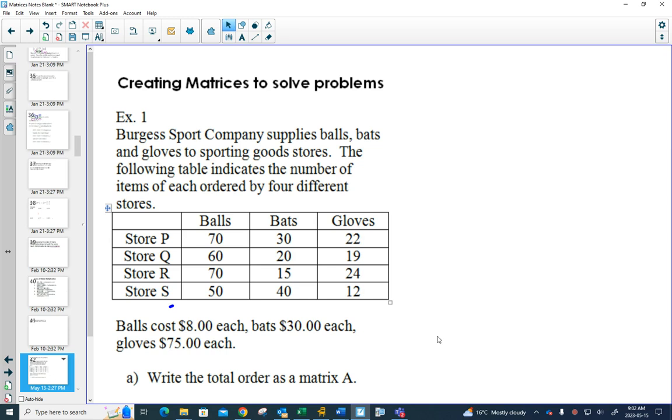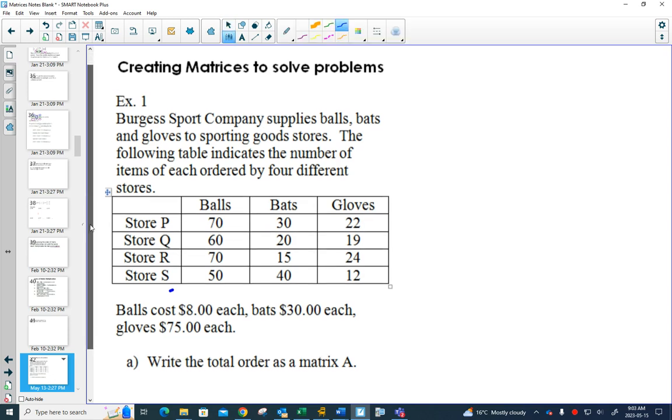Sometimes what I like to do in situations like this is put big square brackets around this to save us some time, and call this matrix A. And we don't have to rewrite. We can go to our calculator and put that in as matrix A. In fact, let's do that right now.